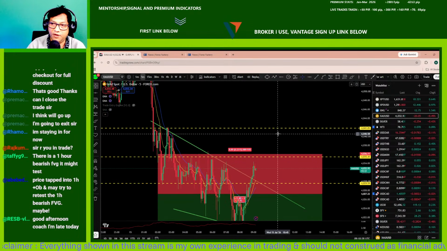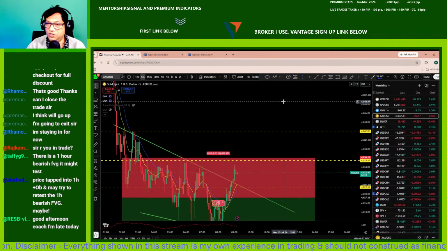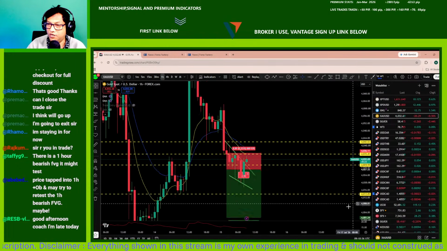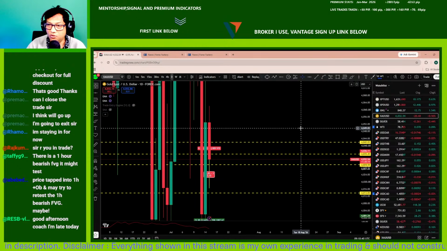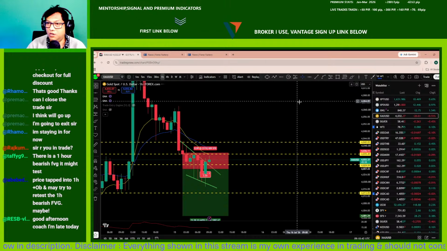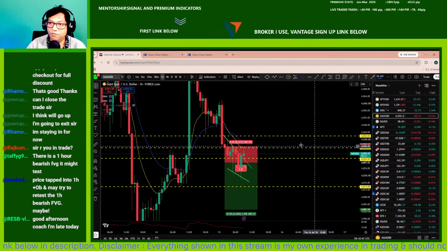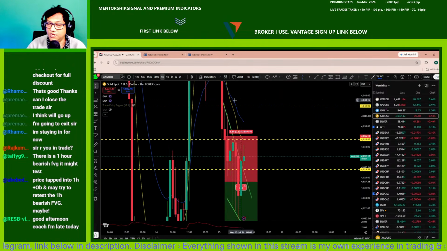If it goes back up again for another manipulation, then probably above this level we'll see the price action for further continuation of this market. I will remain bearish throughout the day. This is a downtrending market, so the overall bias is still bearish, and breaking above this high, going to the FVG, can also trigger selling liquidity.